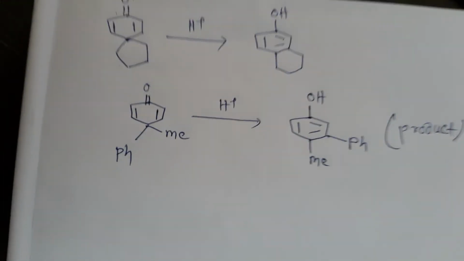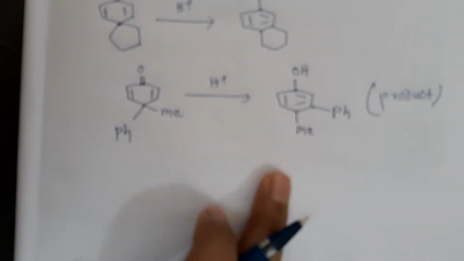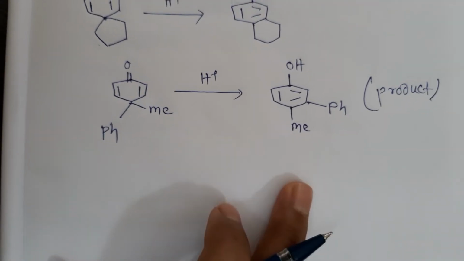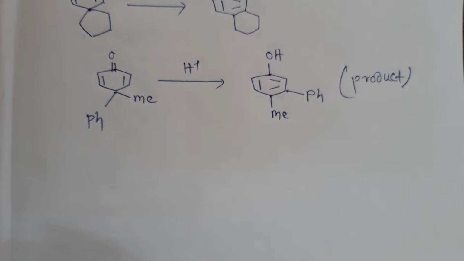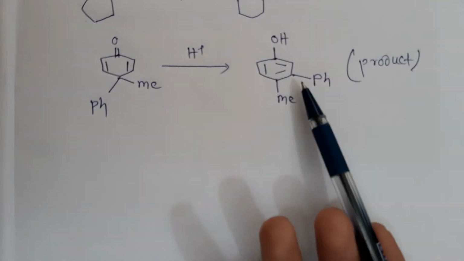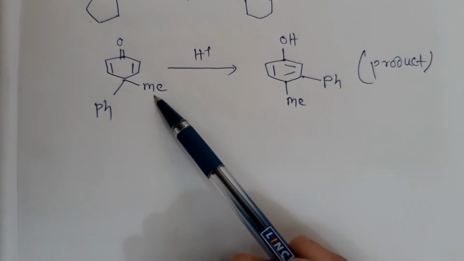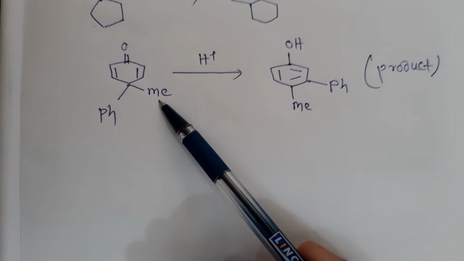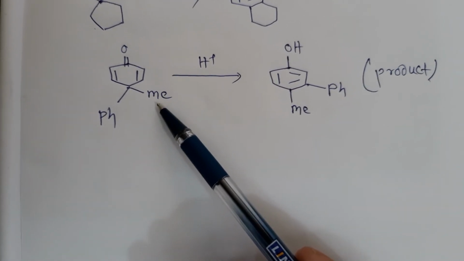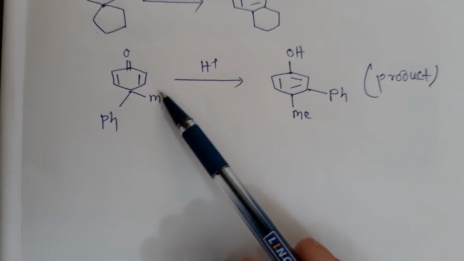So it is not always true that the group with higher migrating aptitude will migrate to that carbocation, because if an electron withdrawing group is present here, then the group which is electron withdrawing will migrate to that carbocation.